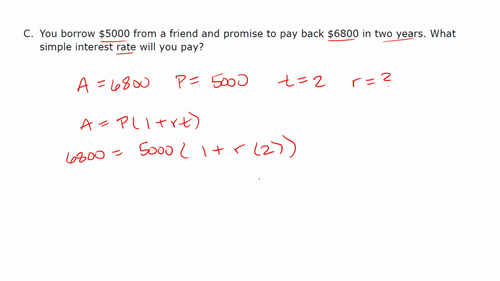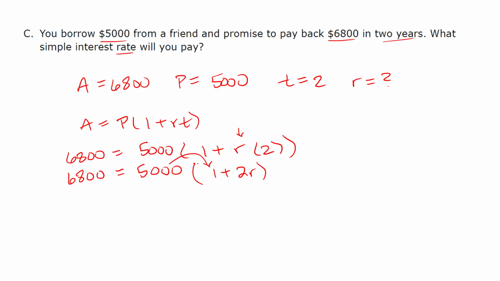So that would be 2R. Okay. So we now have to simplify because we need to find R. So let me rewrite this so that we can see this a little bit clearer. So 5,000 times 1 plus 2R. There we go. All right.